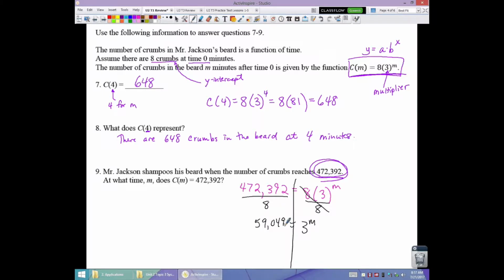So what you would want to do is either guess and check right from the beginning with the full equation trying to hit 472,392, or you could, if you solved it down to this step, then you could see which power of 3 would equal 59,049.